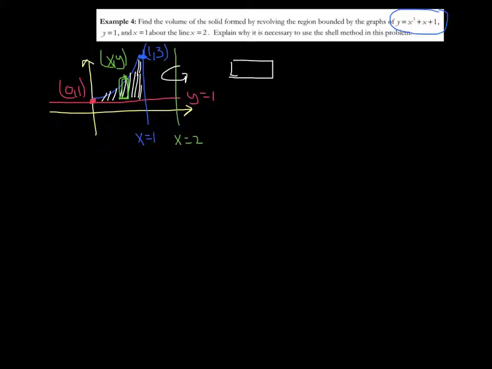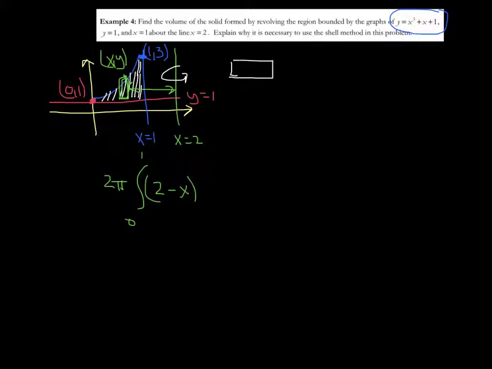The radius, once again, using the shell method, is the distance from the axis to the rectangle. So this is going to be little r right there, and that's going to be 2 minus x again. So we're going to have the integral from 0 to 1, 2 pi out front for the shell method, and little r is going to be 2 minus x.